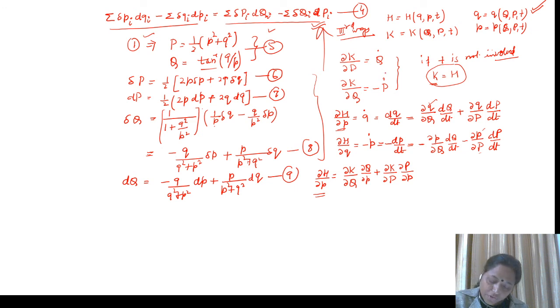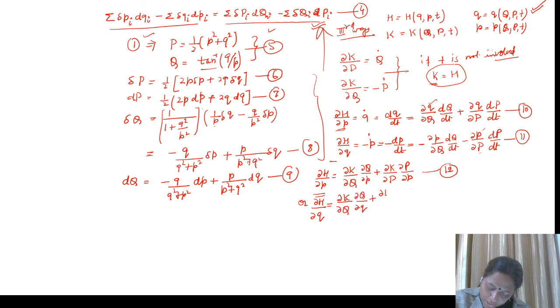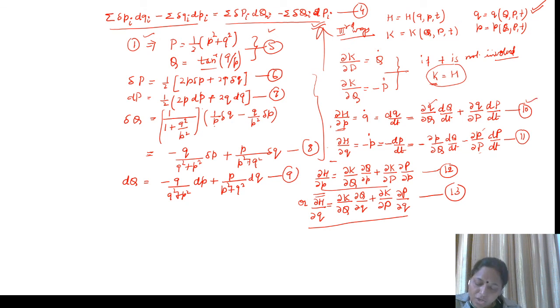So in the third way, first of all, you want to find these relations. And this is 12. Or you may take ∂H/∂Q as well. It will be ∂K/∂Q ∂Q/∂Q plus ∂K/∂P ∂P/∂Q.